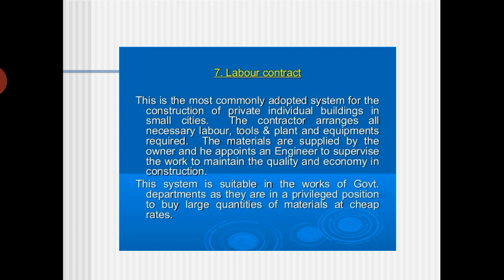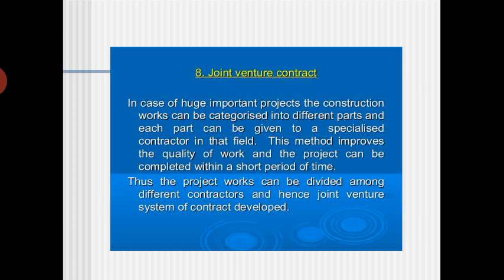The joint venture contract, maybe we discussed this in the previous class; maybe we stopped at this stage. In the case of projects of huge importance, the construction works can be categorized into different parts, and each part can be given to a specialized contractor in that field.